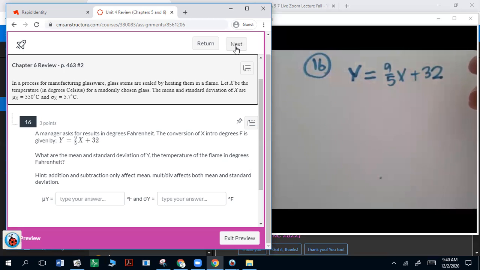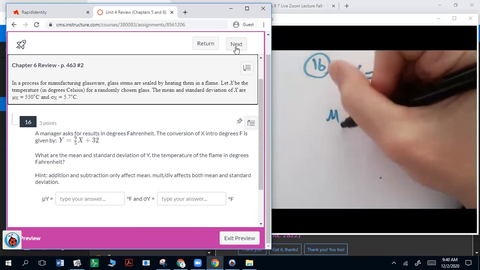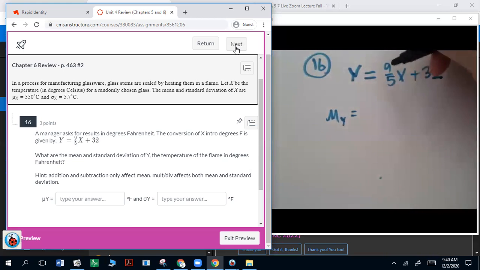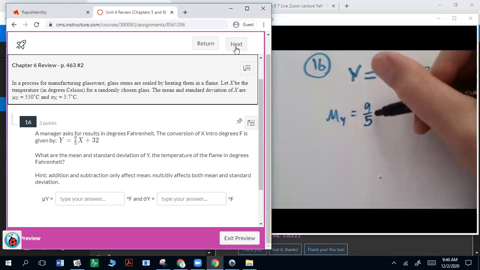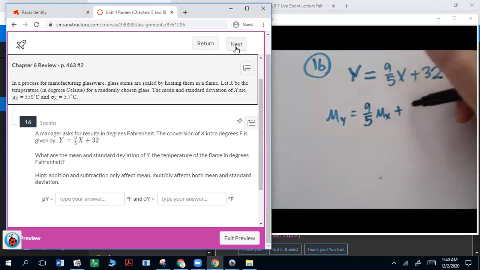So the mean and standard deviation of Y, let's start with the mean. Mean of Y is going to be, you're just going to plug in the mean of X into there. So you're going to say 9/5 times the mean of X plus 32. And we know that mean is 550.